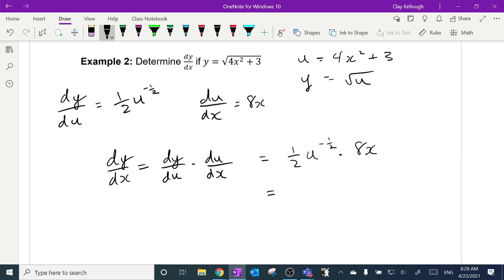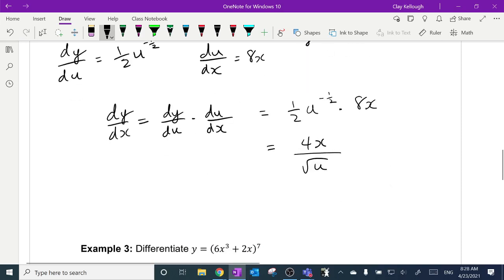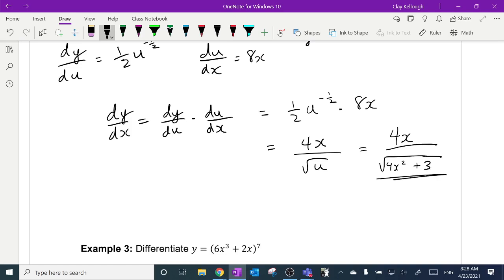Like I'll notice, oh, this 2 will cancel into that 8, making it a 4. And then this u to the negative 1/2 would probably look better down here, right? So now I substitute back in what u is and get a final answer of 4x over the square root of 4x squared plus 3. Okay, so there's example 2.